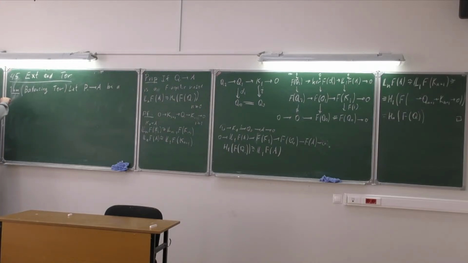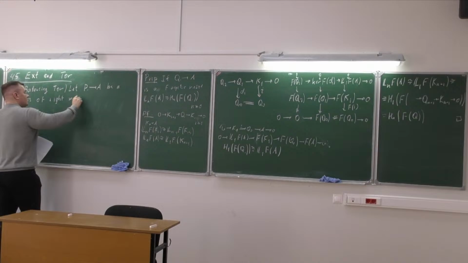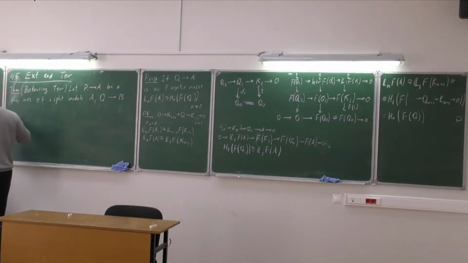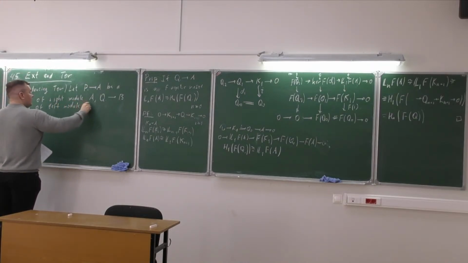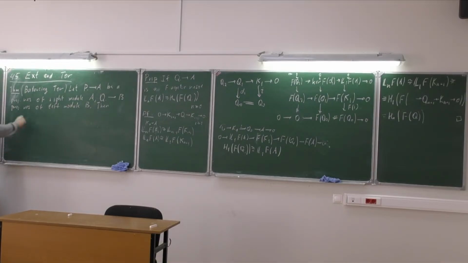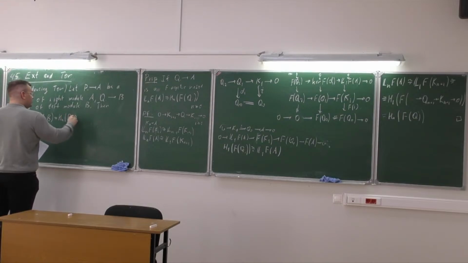So let P be a projective resolution of the right module A, and Q a projective resolution of the left module B. Then the Tor with the index n between modules A and B, which we defined as the homology where you replace the first argument with the resolution and keep the second argument.